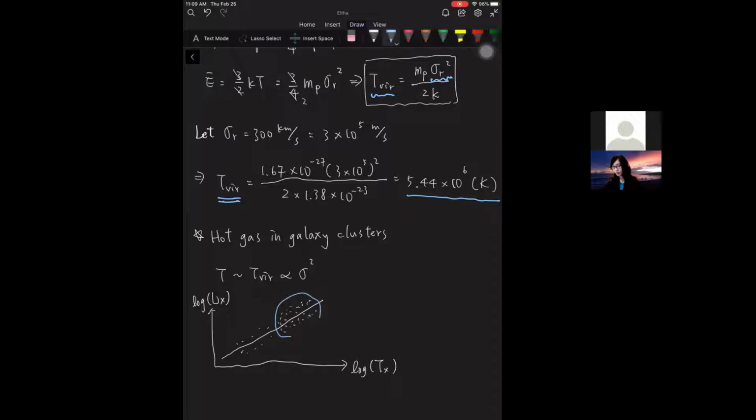This group of samples represents the massive clusters, because massive clusters are more luminous in X-ray emission.